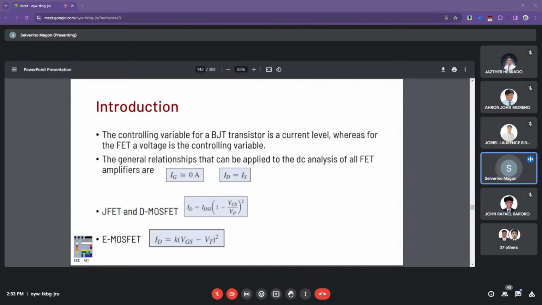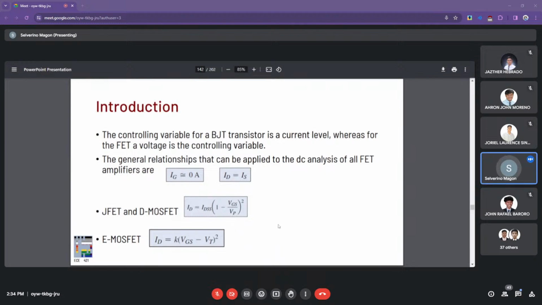If we make sense of this equation, once the gate voltage reaches the pinch-off voltage, then we have essentially a drain current equivalent to the saturation current.